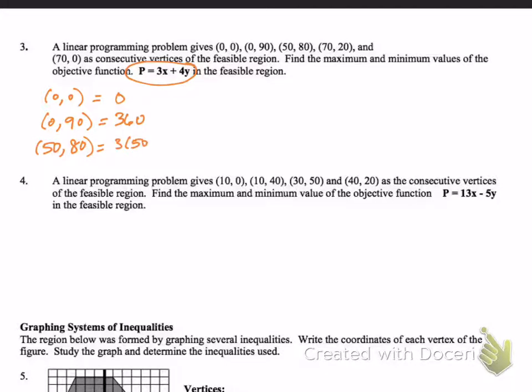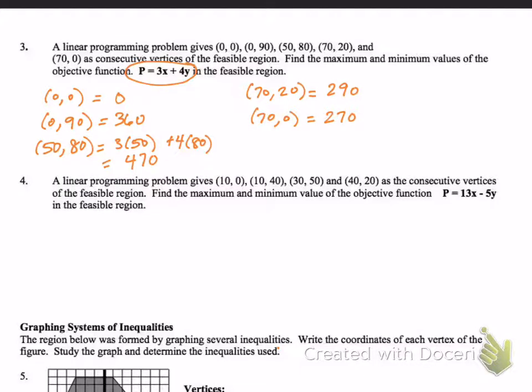So 3 times 50 plus 4 times 80 gives me what? 470, thank you. 70, 20. Should give you 290. And then 70, 0 should give you 270.